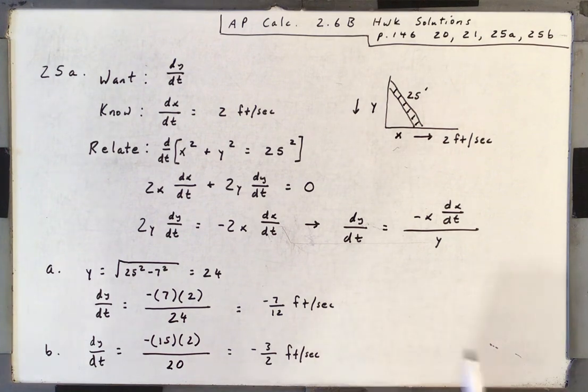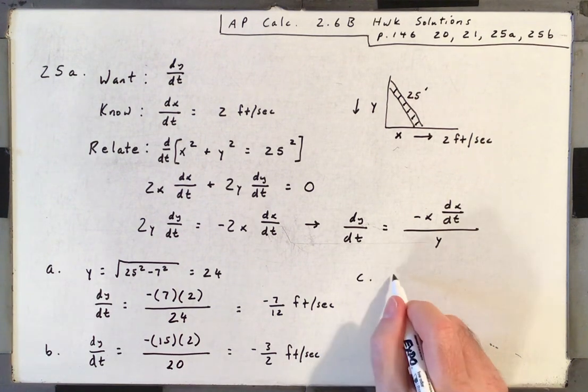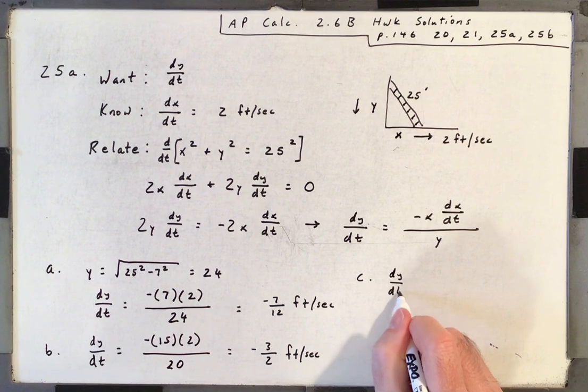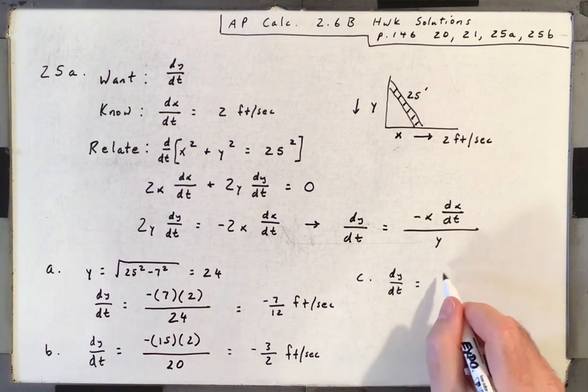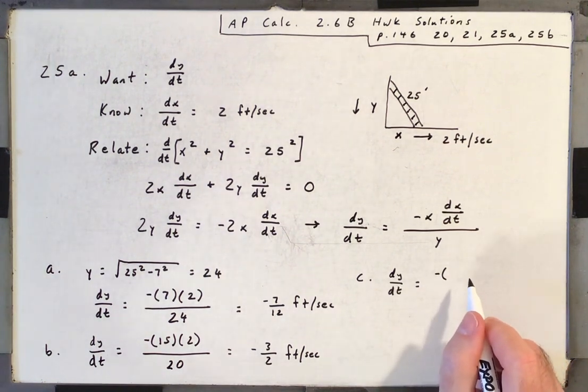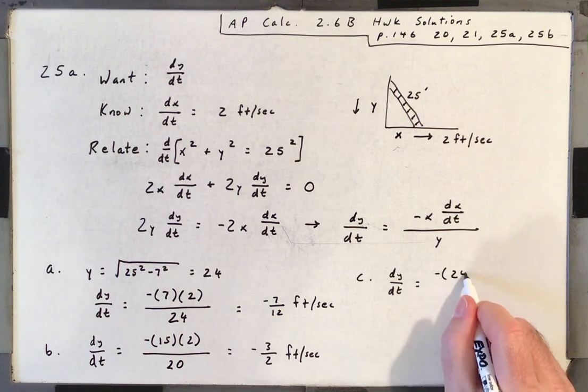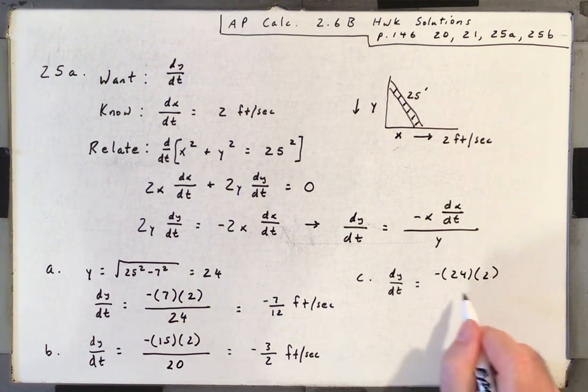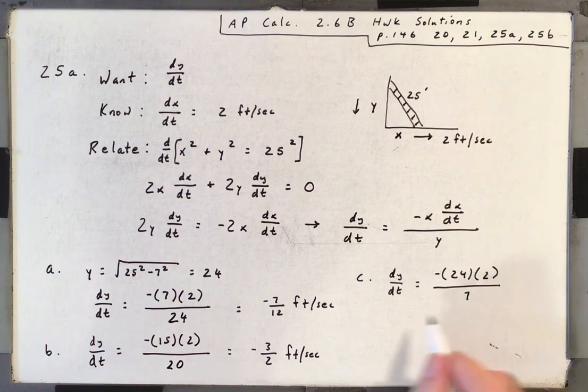All right, and then part C would be negative 24 times 2 over 7.